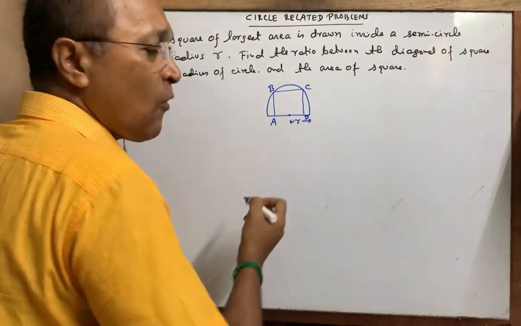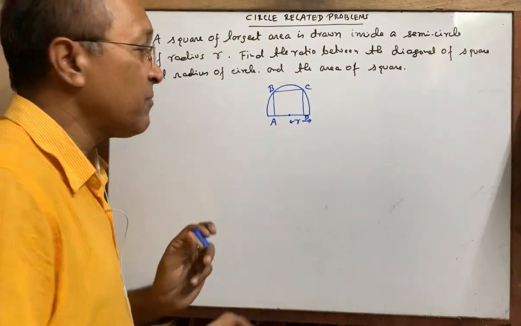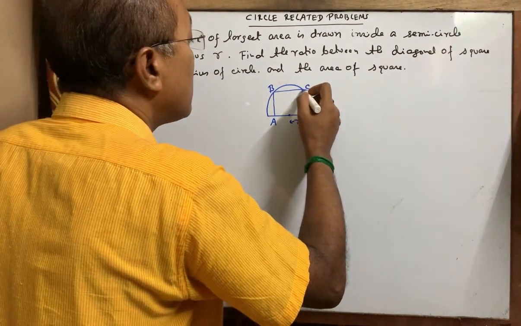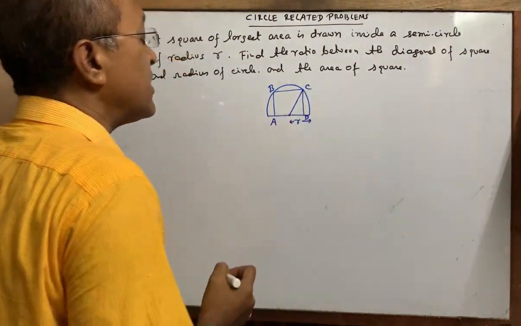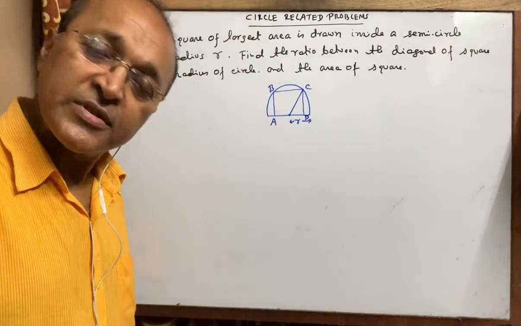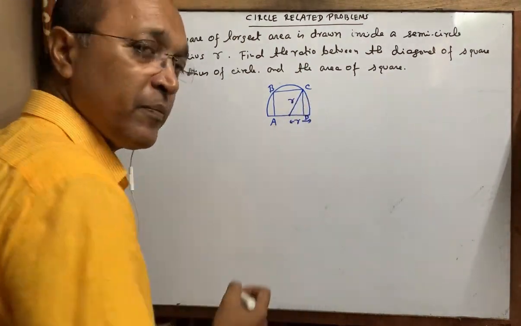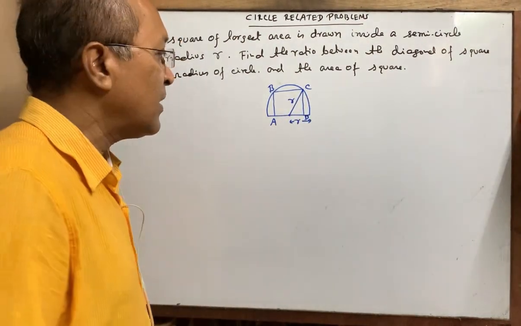Let's say this is the largest possible square ABCD, and the radius of the semicircle is R. Now, what data can we gather from here? Joining OC. OC is nothing but the radius of the semicircle, isn't it? So, OC will be R, right?